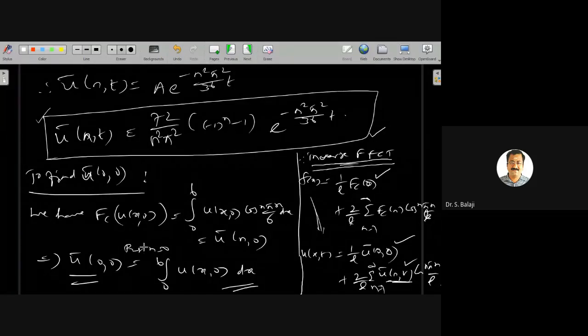After identifying this, you can put n equal to 0. So we find the Fourier cosine transform of u(x, 0), that is the integral from 0 to 6 of u(x, 0) cos n pi x by 6 dx.